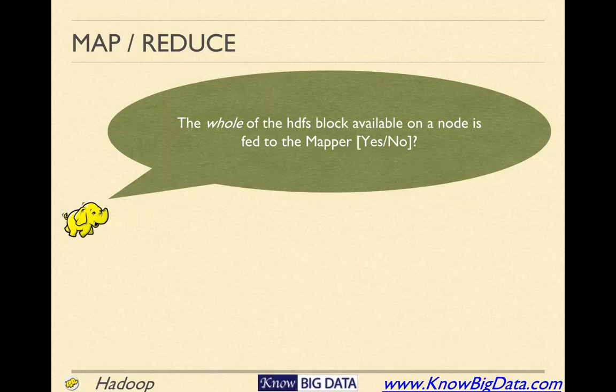Like the way big.txt in our word count was broken down by map into line by line, not block by block. Block does not make any sense while doing the computation, because block is only for storage. It's not a logical entity.